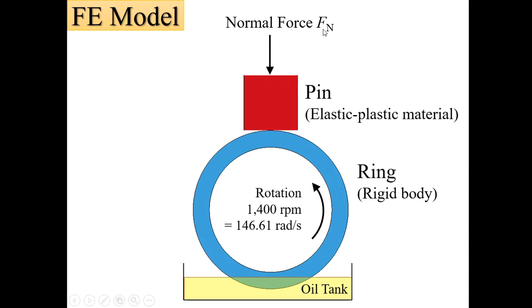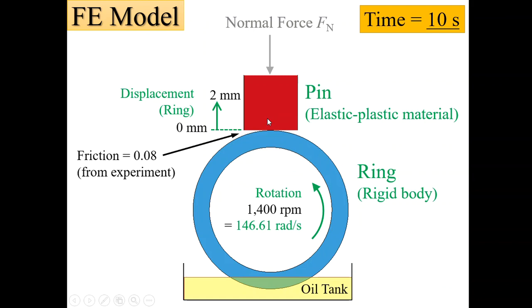And there is a normal load applied to the pin. In this case, we go to the next, where we're going to perform the simulation within 10 seconds. And for the normal load applied to the pin, we're going to replace it with a displacement. So we assume that the ring is displaced from 0 to 2 mm.